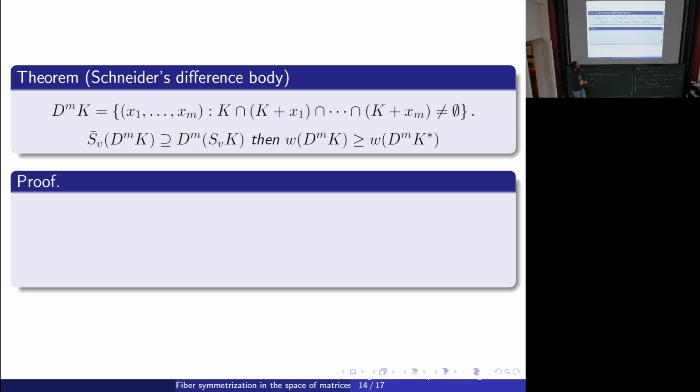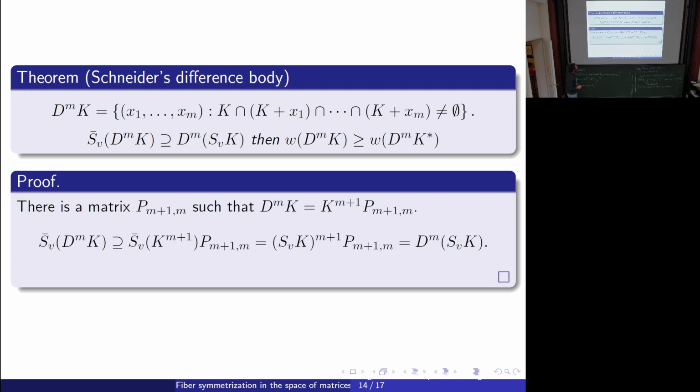So using this inequality, what I can prove is that the mean width of D_mK is minimized when K is a Euclidean ball. This is because the fiber symmetrization does not preserve volume, but it does preserve another quantity. Here you can put any other quantity that goes down under symmetrization. And the proof is again very simple.